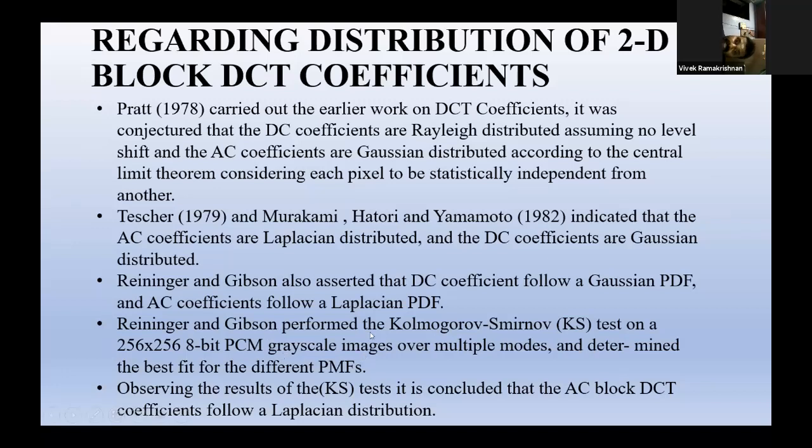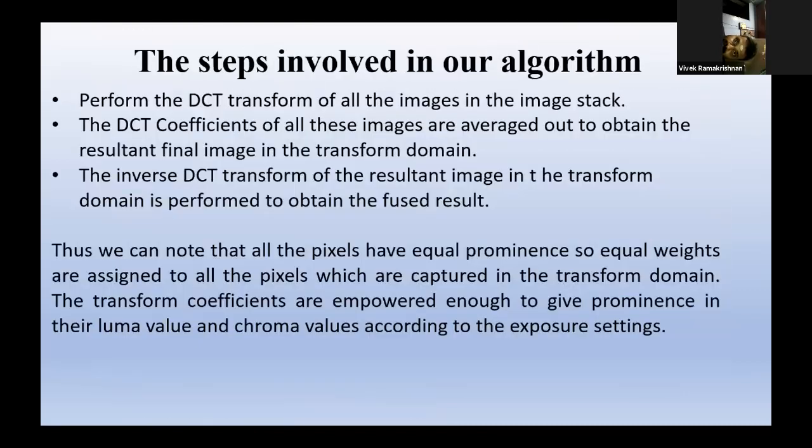So they went ahead and performed an experiment to find the best fit probability mass function, what could satisfy it the best. Then from the result of this Kolmogorov-Smirnov test, it is concluded that the AC block DCT coefficients follow a Laplacian distribution. So it is good for us that we could get a Laplacian distribution using the AC coefficients of the DCT transform.